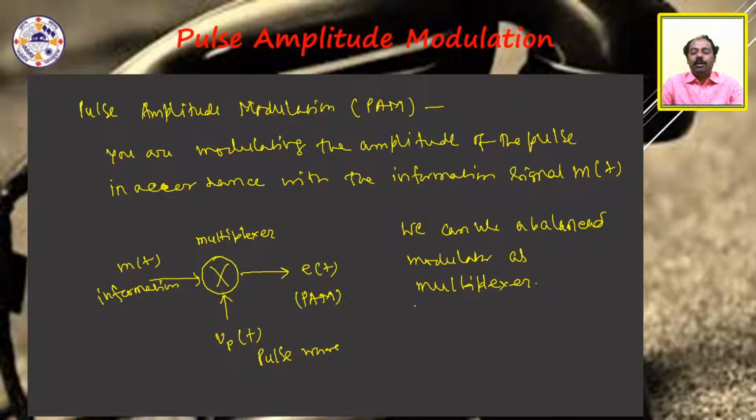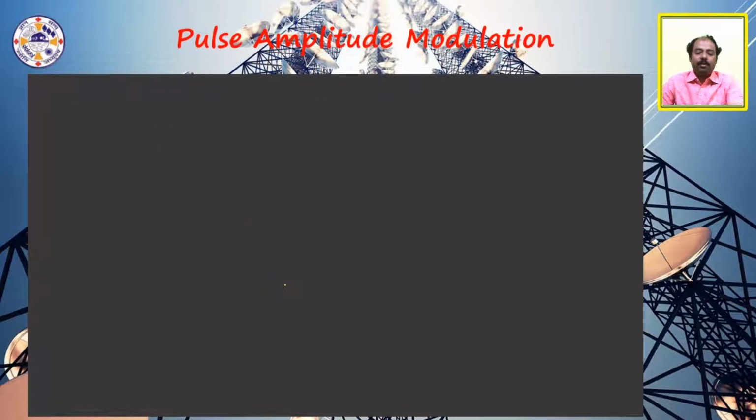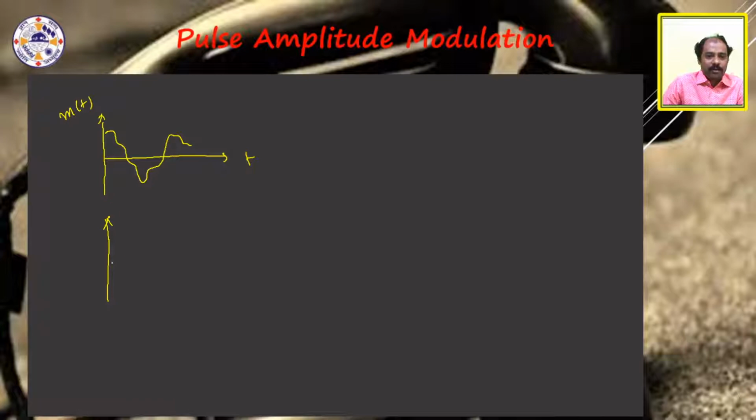Now, what will be the expression of this pulse amplitude modulated wave, or how can we get it? We have just shown you in principle what the figure would be. Now I want to draw it graphically. Fine. So for that purpose, I am considering a very simple information signal. Say this is our information signal, and now this is the pulse.